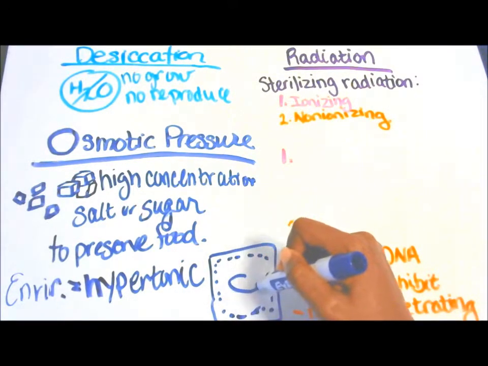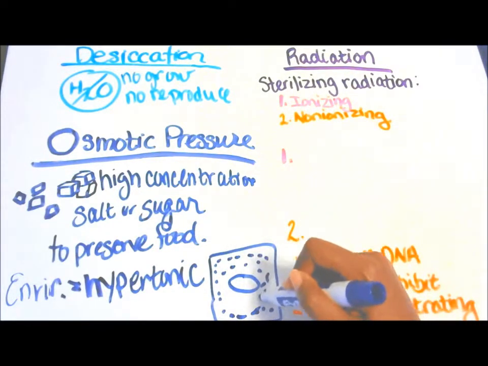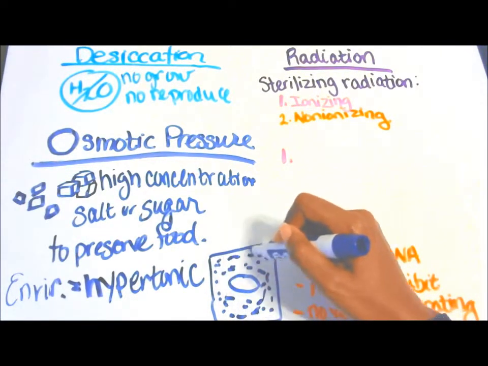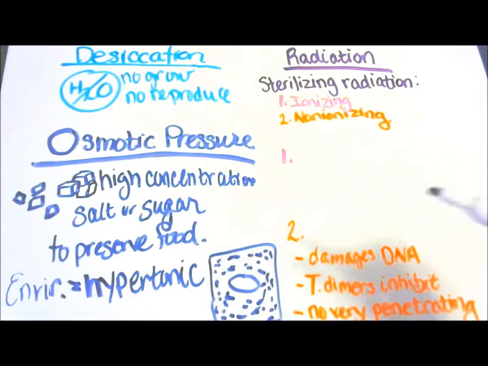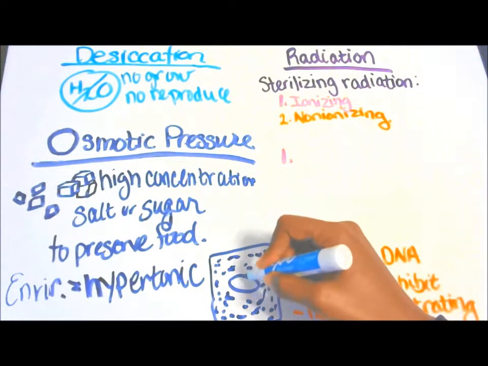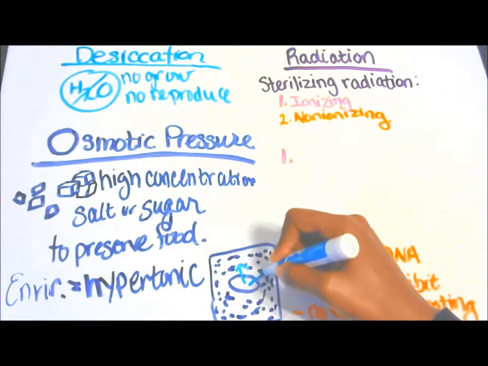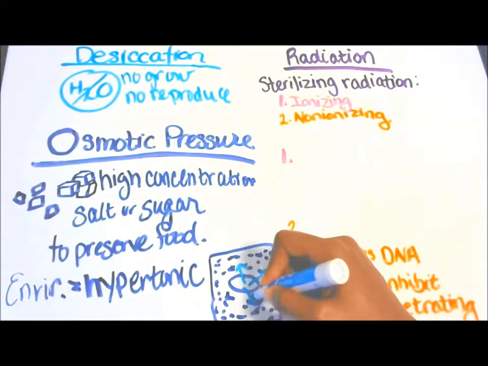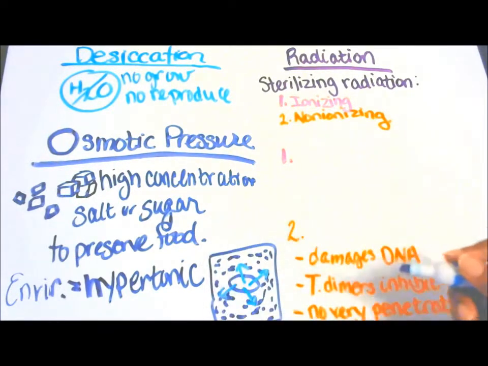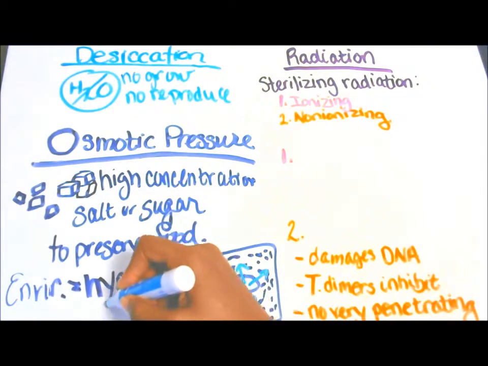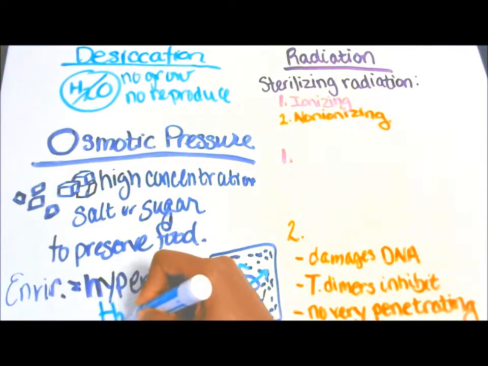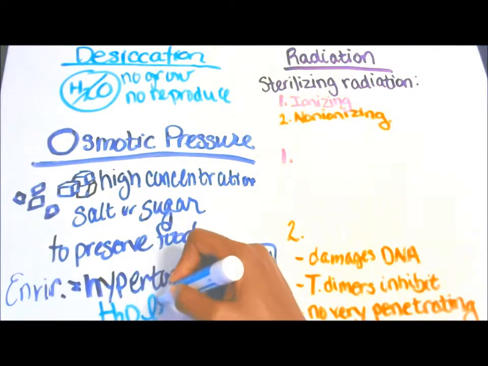This is our cell. So the environment has a high concentration of salt, and water leaves the cell. And this causes the cell to shrink. Let's put here H2O leaves.